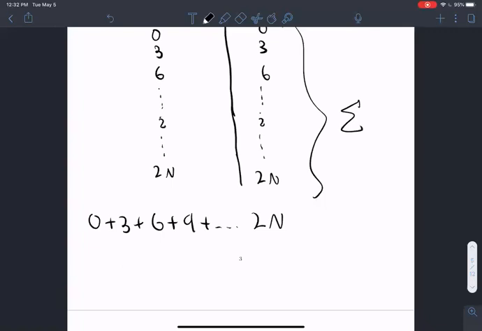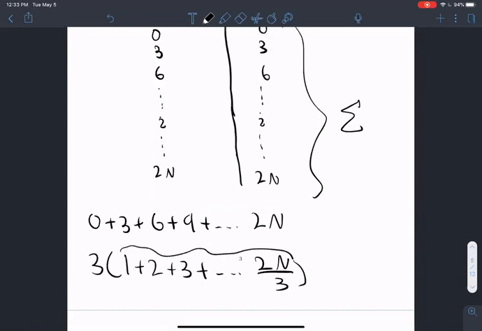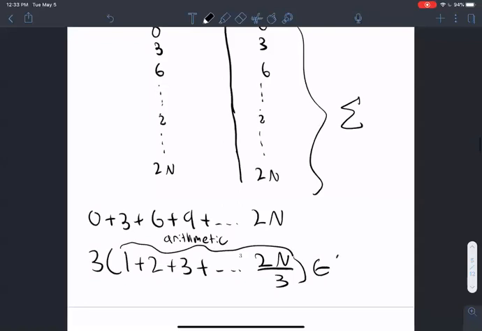So now we can add them. I would probably factor out the 3 and do something like 1 plus 2 plus. And now we can recognize one of our sums here. This right here is the arithmetic sum. So from here, we can conclude that the function is theta of what? N squared. Yeah, exactly, n squared.